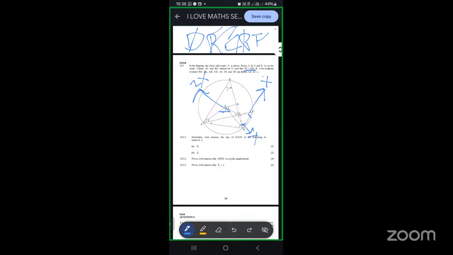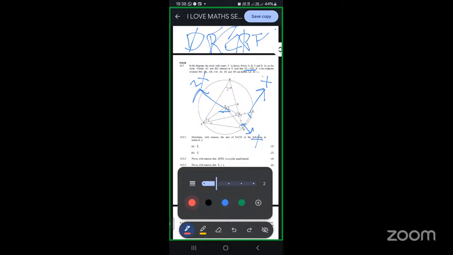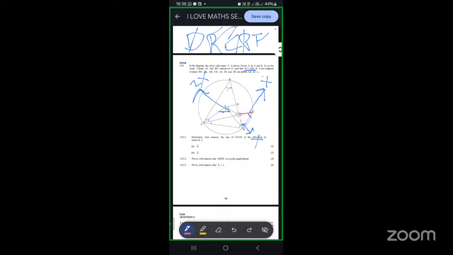Okay, maybe you are shy to continue with your statement, but my reason why I say this is equal to x, oh my poor x, this is x, is because this line is equal to that line. Therefore, this triangle is an isosceles triangle.